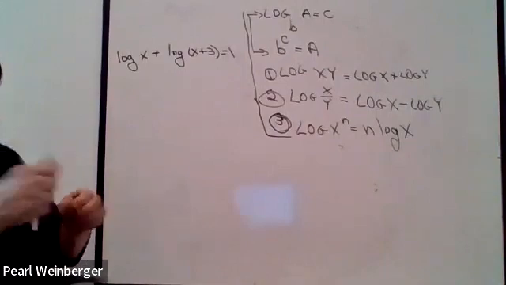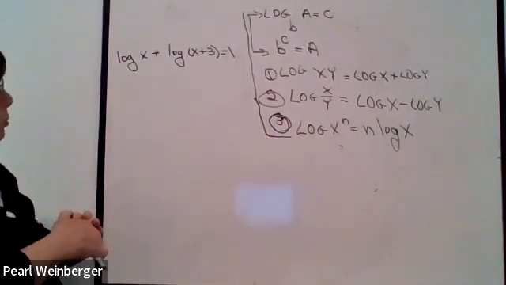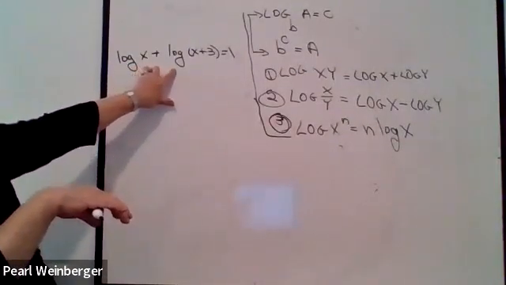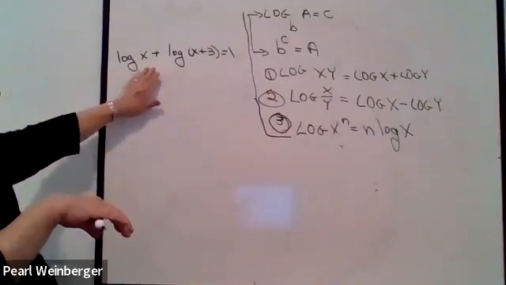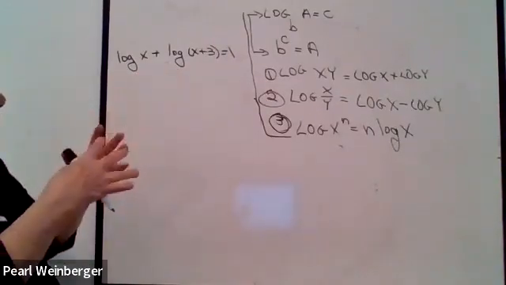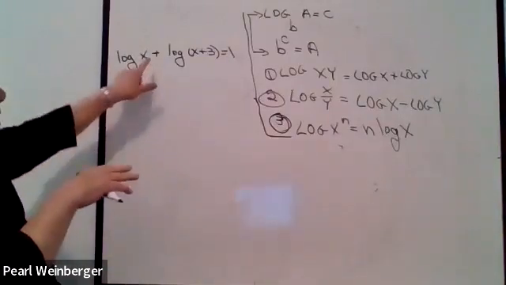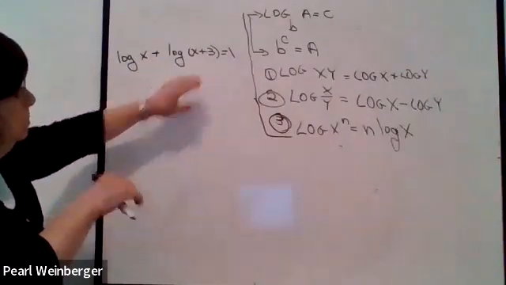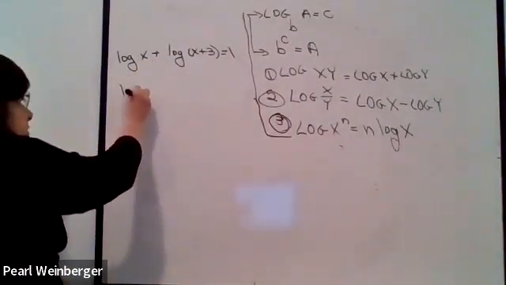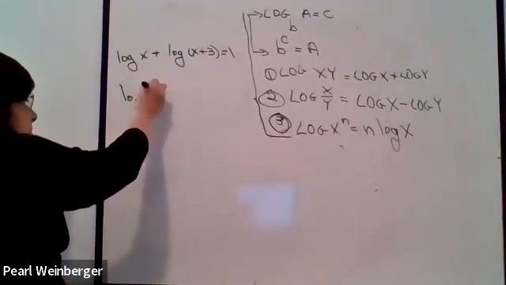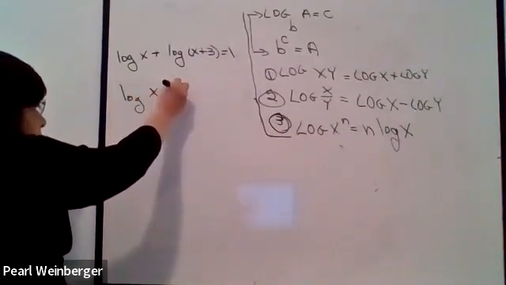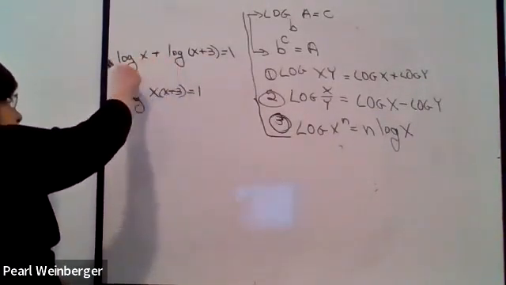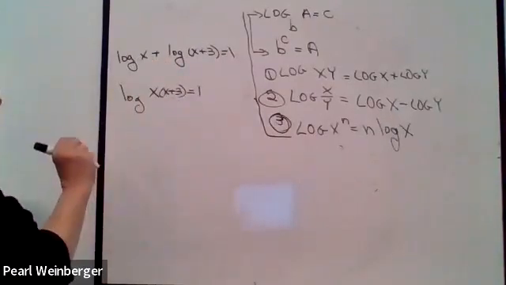So again, just like we had before, we have a problem where we have two logs on this side. So what we're going to do is contract this back to a single log. Again, I see the sign between them is plus. That means I must be multiplying the numbers. In other words, as a single log, this becomes x times x plus 3. So we change this plus, the adding of the logs, into multiplying of the numbers.